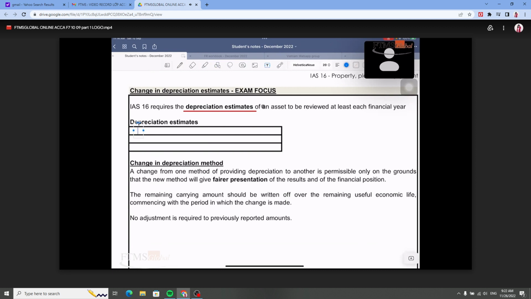The first one is residual value. Then we have useful life. Then the last one, we have depreciation method.